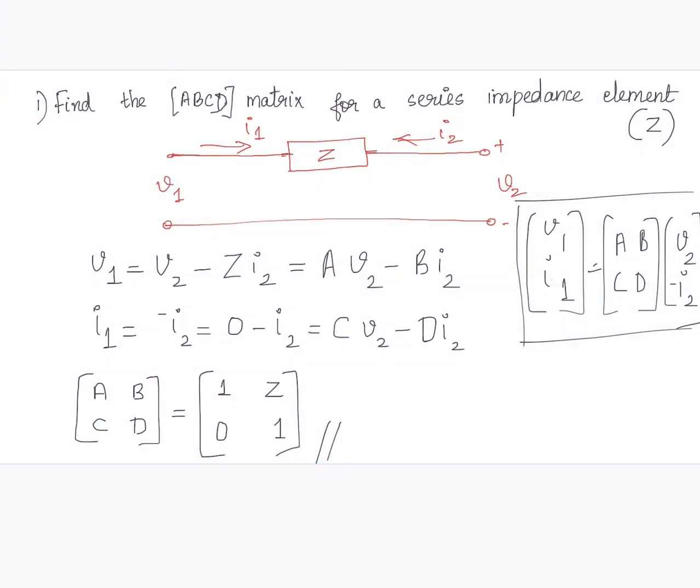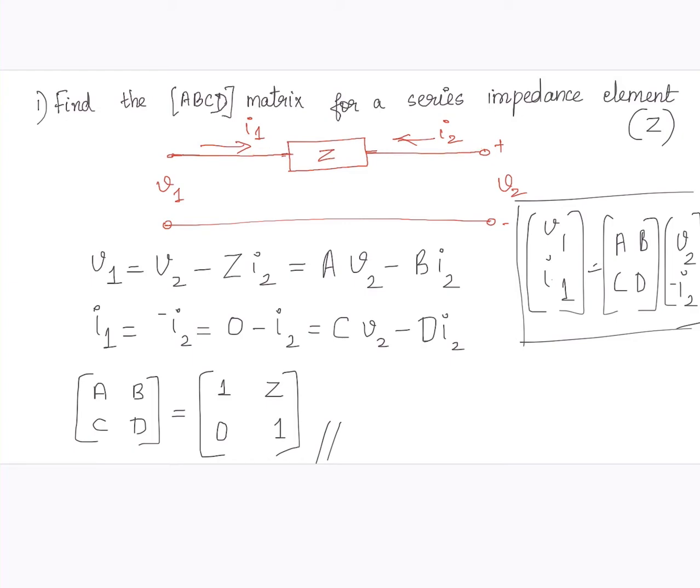Consider a problem. Find the ABCD matrix for a series impedance element. Consider the network with a series impedance element across the circuit. V1 is the voltage over here and V2 is the voltage over there, and the currents are given by I1 and I2.